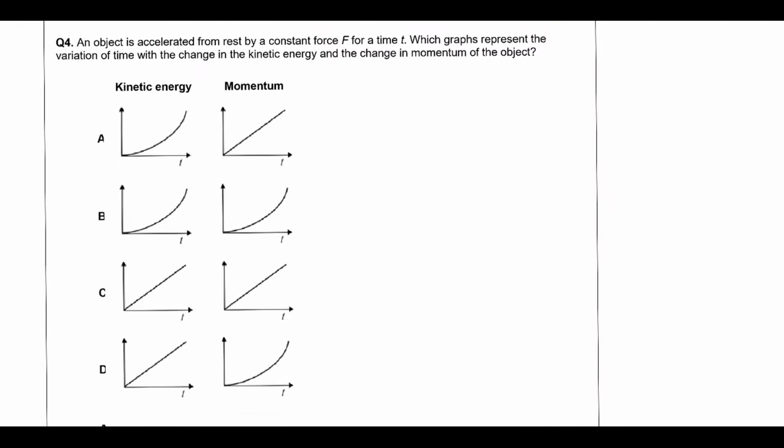An object is accelerated from rest by a constant force for a time t. Which graph represents the variation with time of the kinetic energy and the momentum? So let's use Newton's second law, which we have like this.